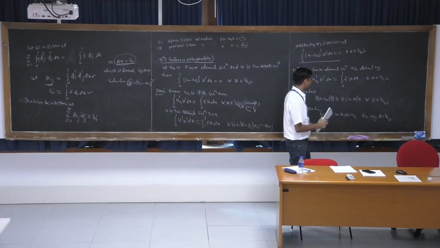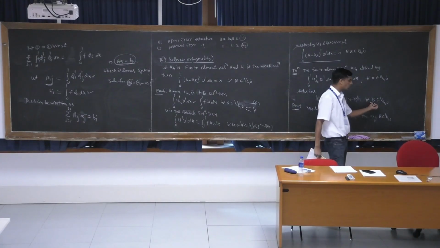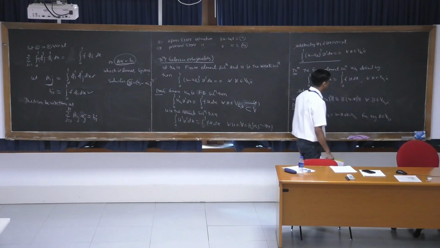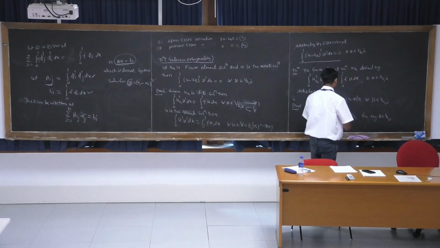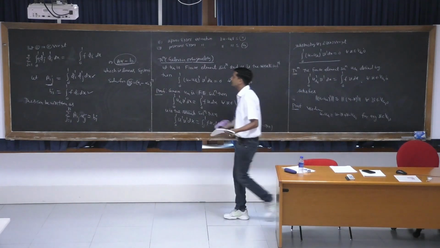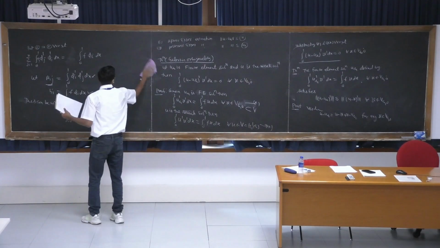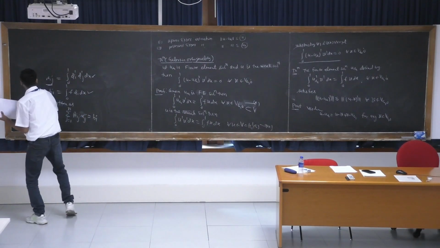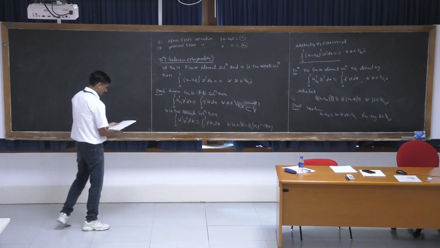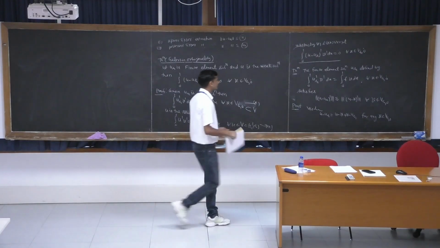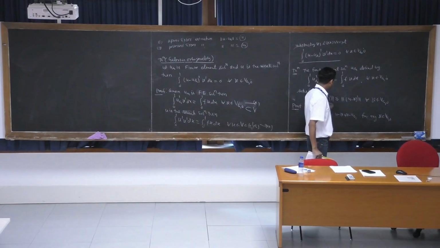Why did we do this? Because you have to prove this for all v belonging to Vh0. So here I have chosen just one v from this space, and now I have to prove that this is less than or equal to this.